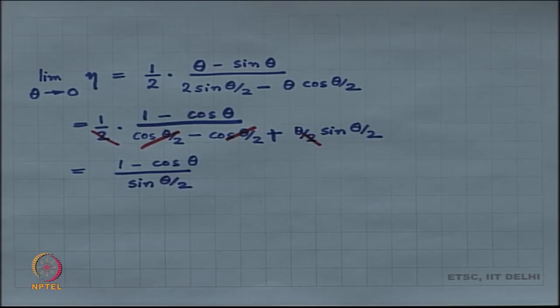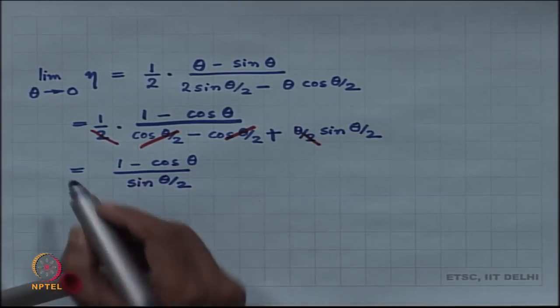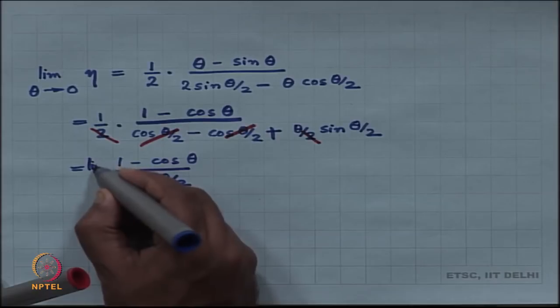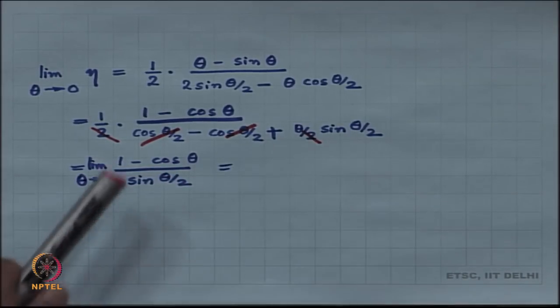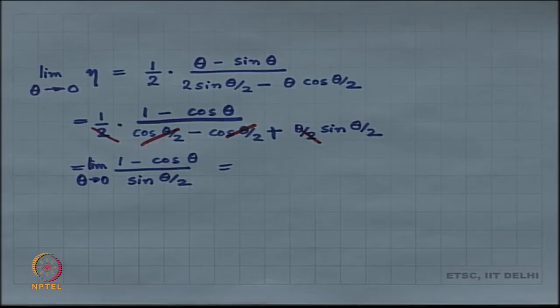So 1 minus cos theta is 2 sin square. Perfect. So, one possibility is instead of doing a derivative again, you suggest that 1 minus cos theta is equal to 2 times sin squared theta by 2.